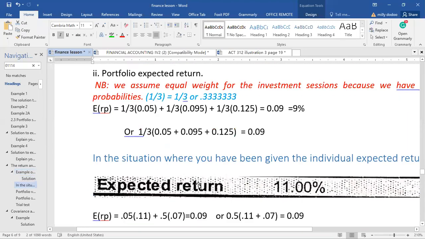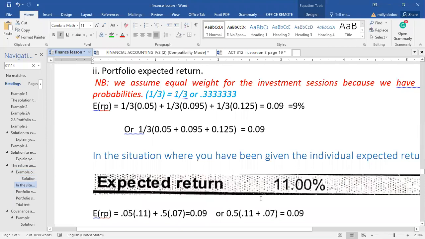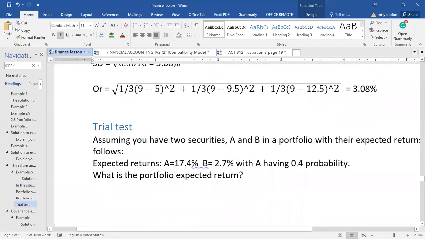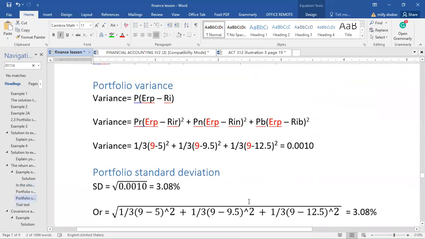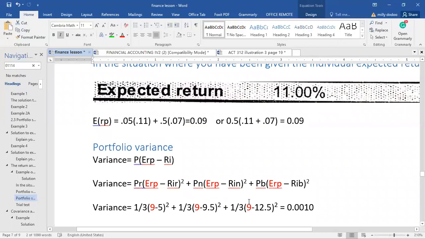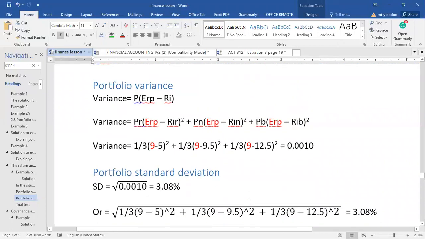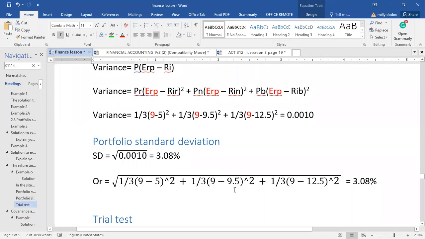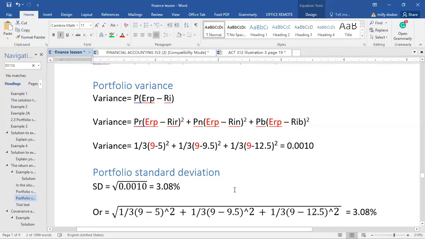That is how I mean we should solve it in steps. But don't worry, when we start solving the past questions, you will see how it is done, okay? By then I'm preparing you for examination, so you definitely know how to answer your questions. So this is how you get your portfolio standard deviation.